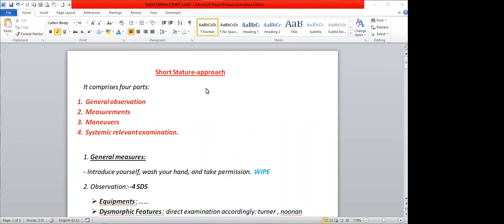Overall, as we all know, after entering the room we will take the permission of the examiner. At the same time, we need to take the permission of the child, but here we need to be very careful. Suppose the child is 12, 14 or 15 years old, maybe a girl, and very short.